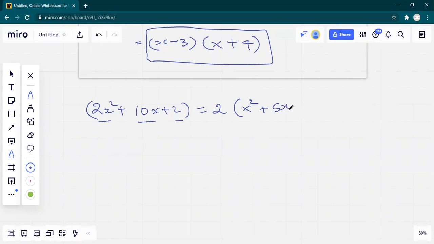And after taking the 2, this 2 is actually 2 times 1, so plus 1. And this is the first case. When a is equal to 1, we can use the above idea to find the r and s.